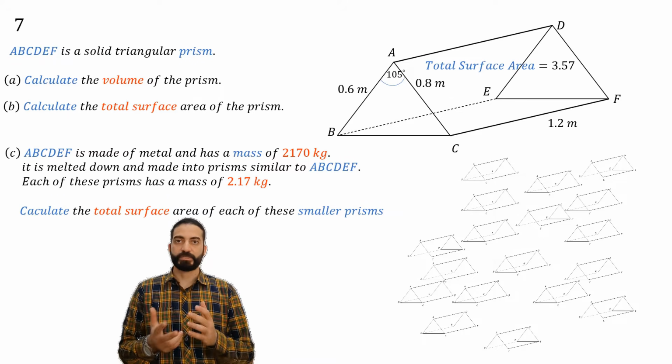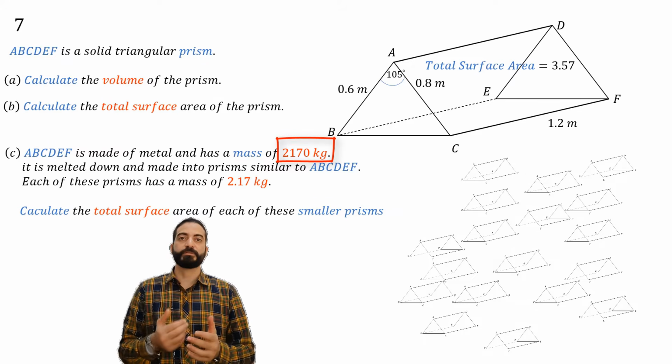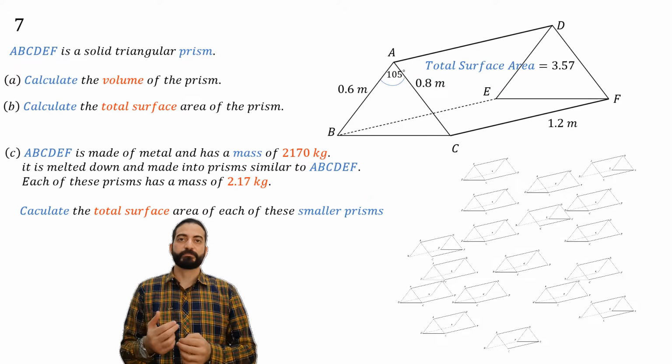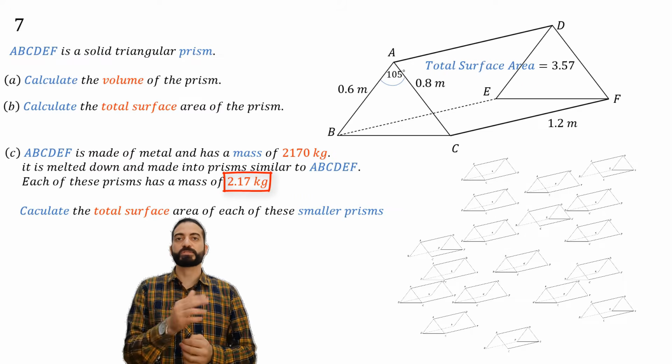That is, when its mass was 2170 kg, its total surface area was equal to 3.57. Now, when the piece weighs 2.17 kg, what is the total surface area?